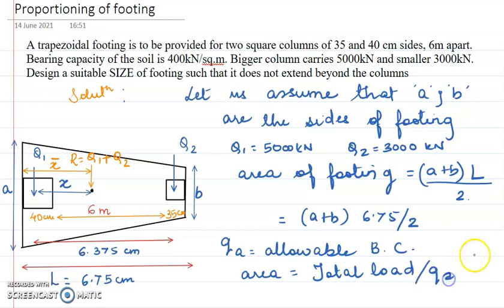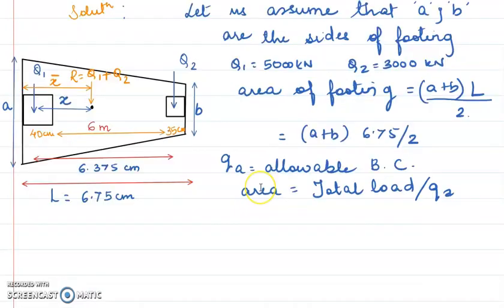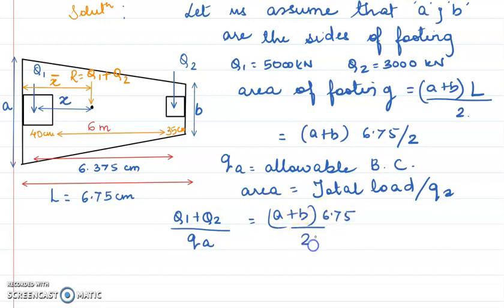Just rewriting this equation. So that gives me Q1 plus Q2, that is the total load, divided by QA will be equal to what we determined earlier, A plus B into 6.75 upon 2.